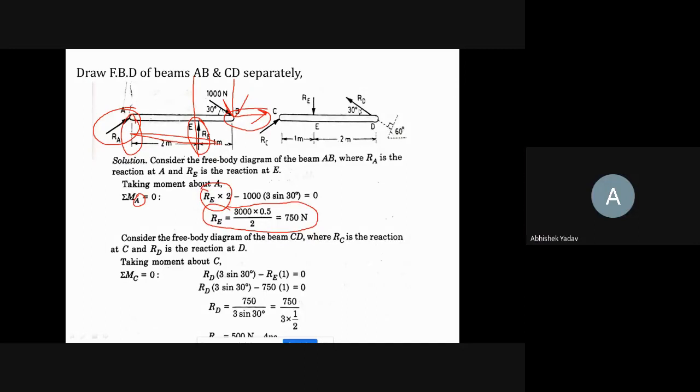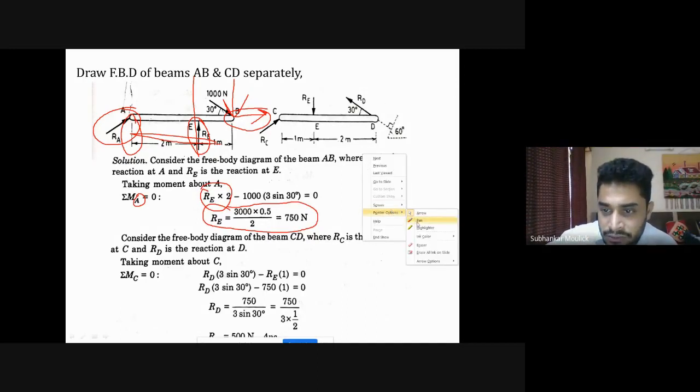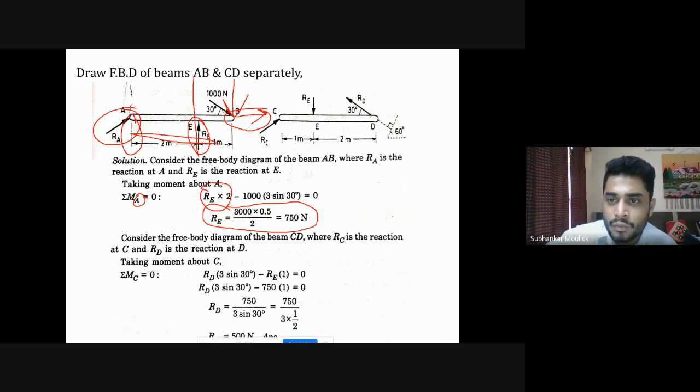So this RD will have again two components. One is this perpendicular component, which will be RD sine 30, and another one will be the horizontal component, that is RD cos 30.